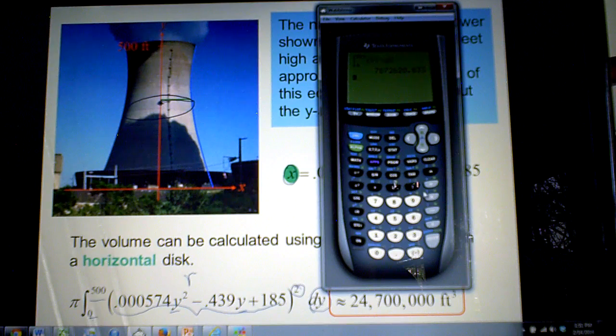I get an answer that doesn't match this because what did I forget to do? Oh, don't forget about pi, right? Which often happens. And there's my answer, just rounded.